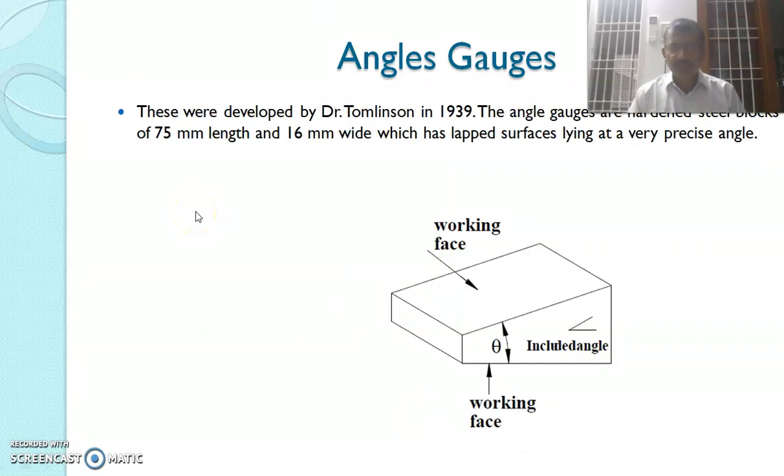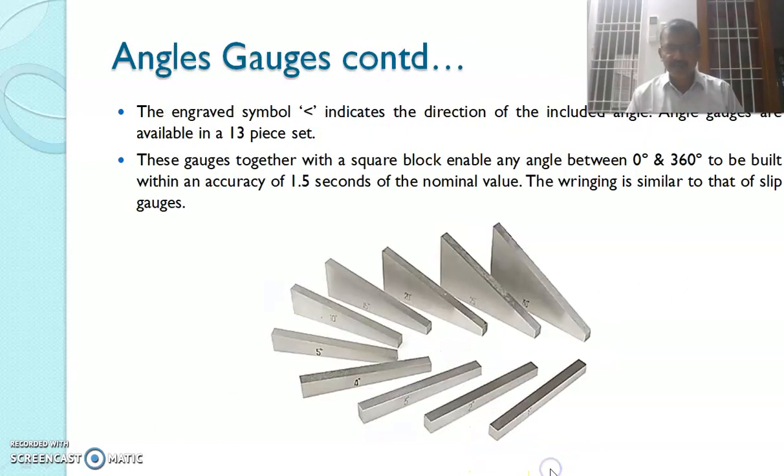These angle gauges were developed by Dr. Tomlinson in 1839. The angle gauges are hardened steel blocks, 75 mm in length and 16 mm wide, which have lapped surfaces lying at a very precise angle. The engraved less than symbol indicates the direction of the included angle.